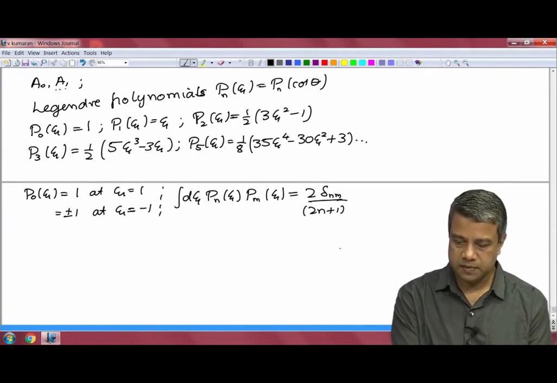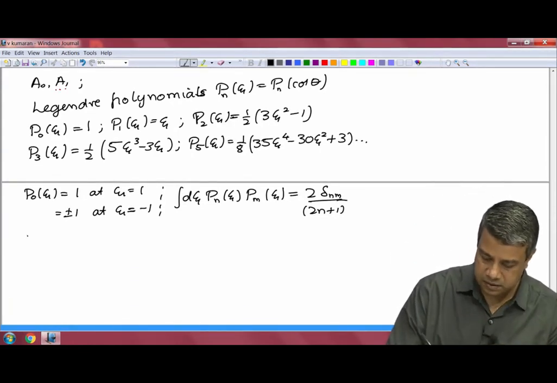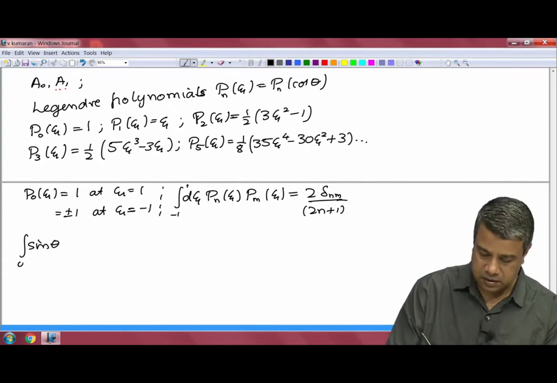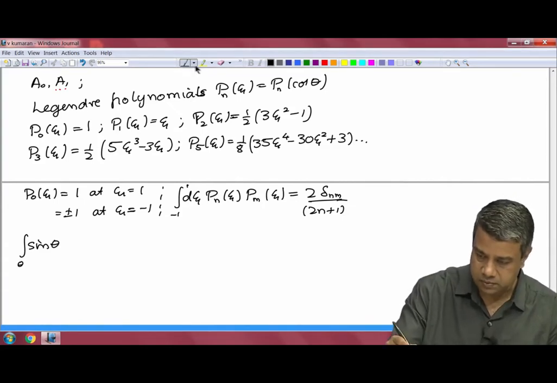An alternate way of expressing this is the integral of sin theta, where the boundaries from minus 1 to 1 in psi become theta equal to 0 to pi.